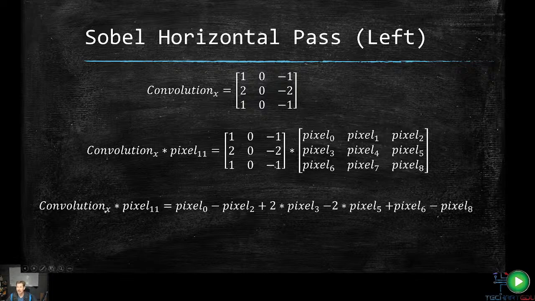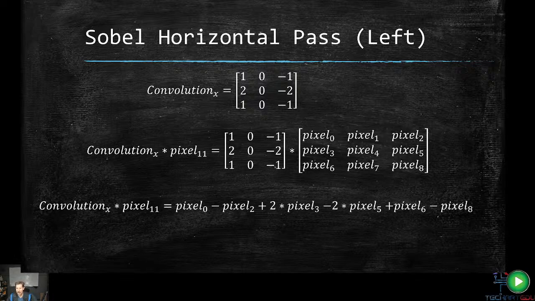Then we've got this convolution formula: convolution x versus pixel 1,1, which is the center pixel, or pixel number 4 in this situation, is pixel 0 minus pixel 2, plus 2 times pixel 3 minus 2 times pixel 5, plus pixel 6 minus pixel 8. That will give us all of the contrasting pixels going from left to right.